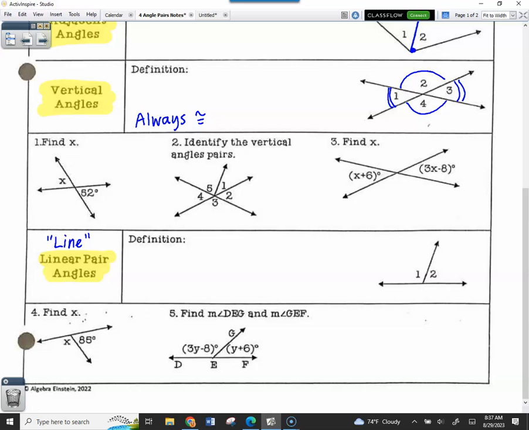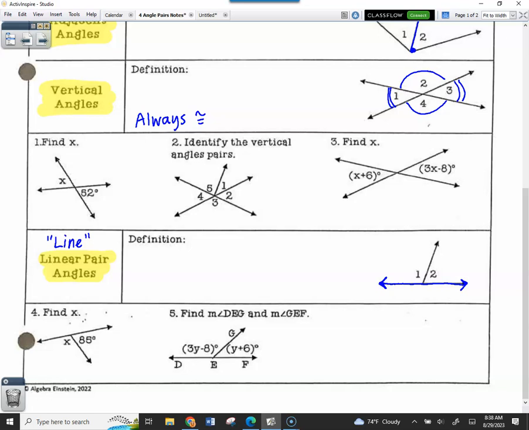Linear pair. I hear line. I see the word pair. That means two or more. Look over here at this picture. Notice, if you want, you could highlight the line. The two angles are adjacent and they form a straight line. So they are called a linear pair. Okay?